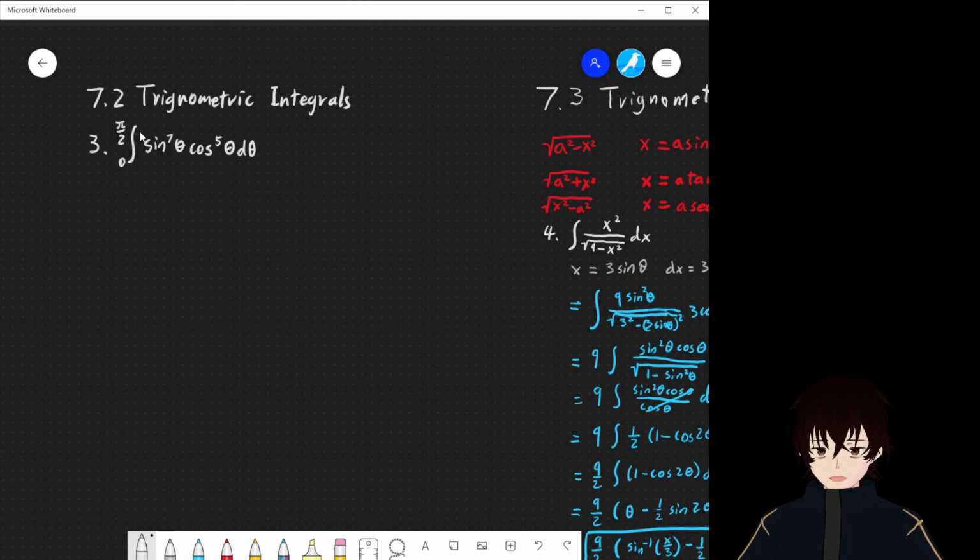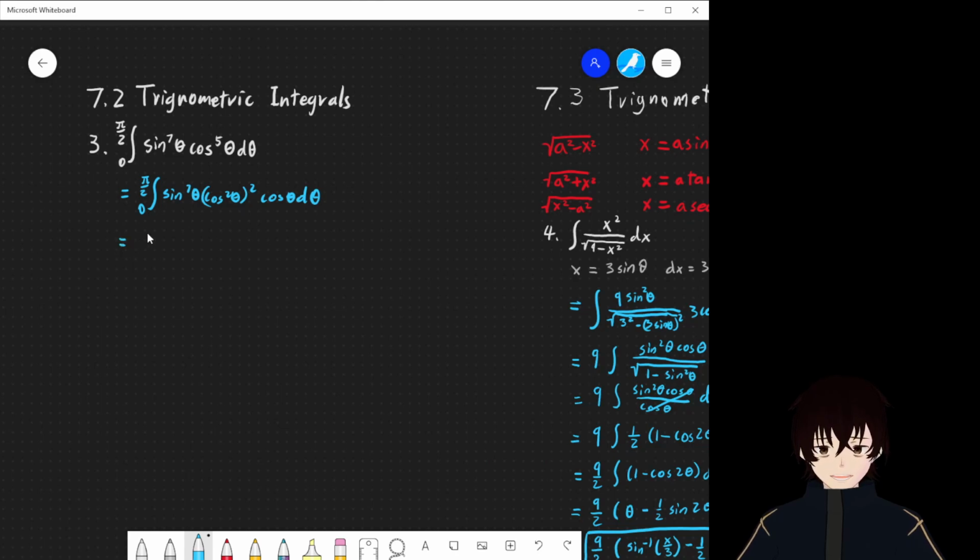Alright, two ways about this. Because the power of the cosine is lower, I'm gonna take the easy way out and say this is equal to the integral of sine 7 theta times cosine squared theta squared times cosine theta d theta.